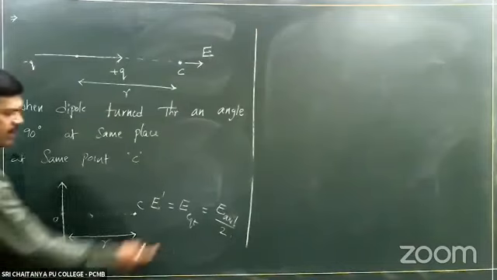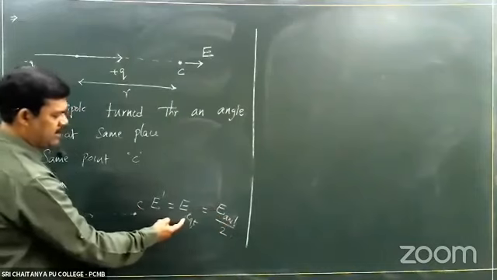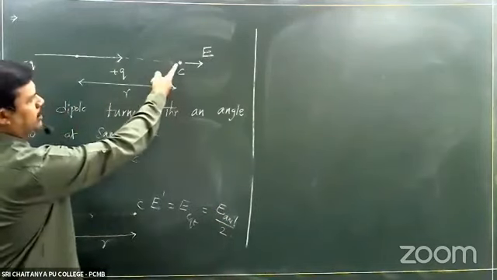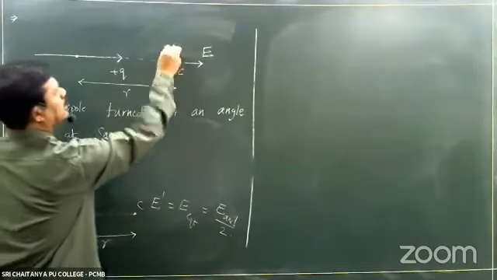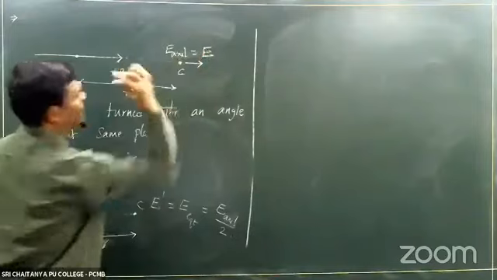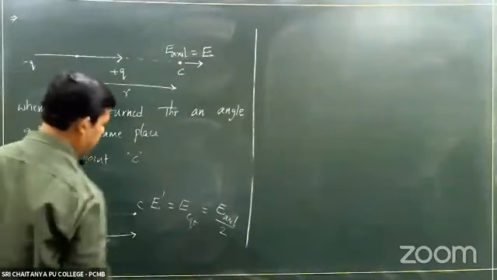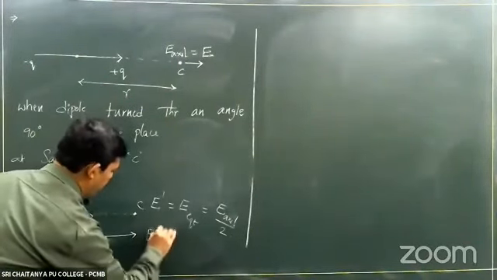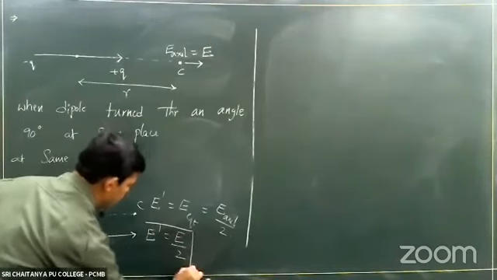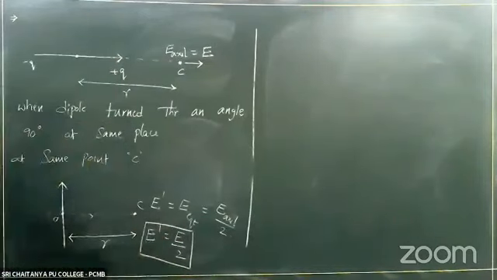The relation is that E equatorial is equal to E axial by 2. Initially the point was on the axial line, so what is the answer? E dash is equal to E by 2. This is the answer.